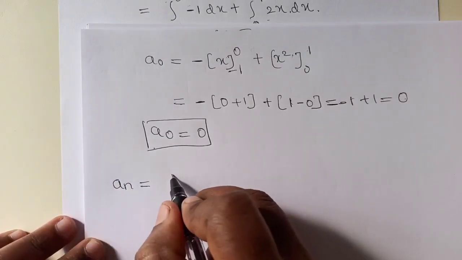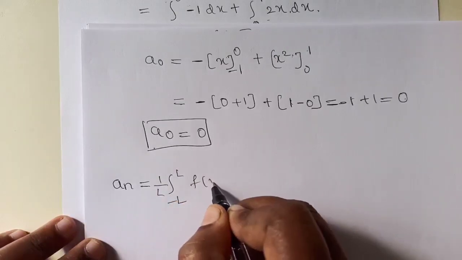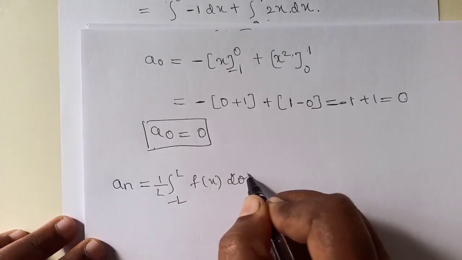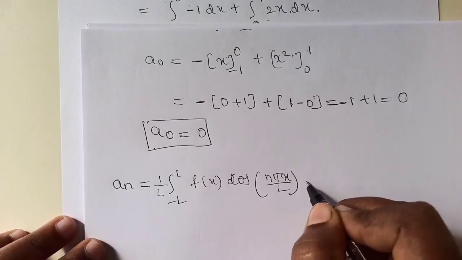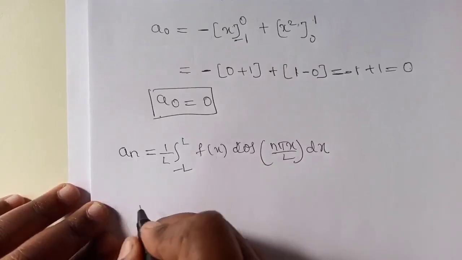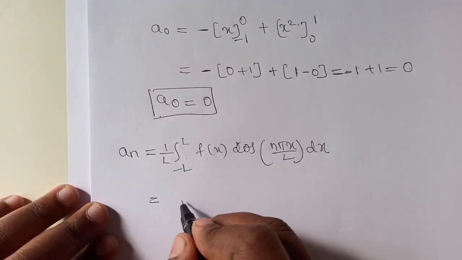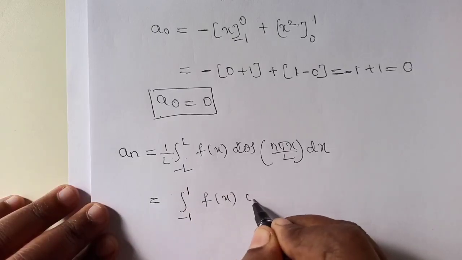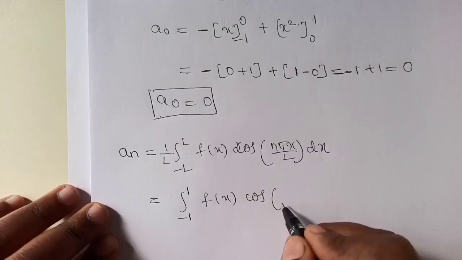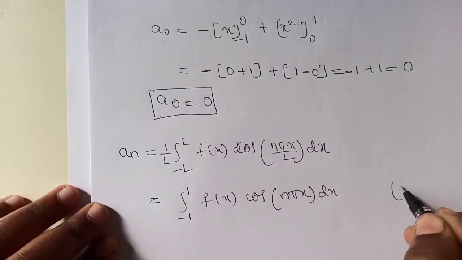an is equal to 1/L times the integral from -L to L of f(x) cos(nπx/L) dx. Here the L value is 1, therefore we get 1 times the integral from -1 to 1 of f(x) cos(nπx).